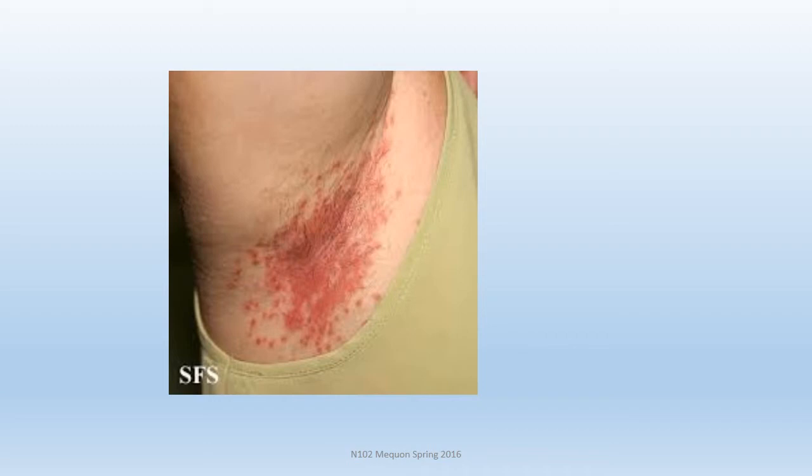If you see those little satellite lesions, they look like little pinpoints. That's a common presentation of a yeast infection. Yeast infections are commonly treated with a topical ointment, cream, or powder, and in severe cases may require an oral antifungal.